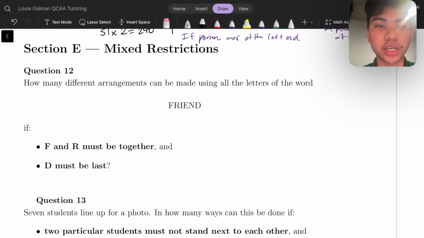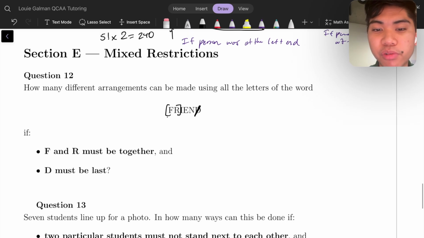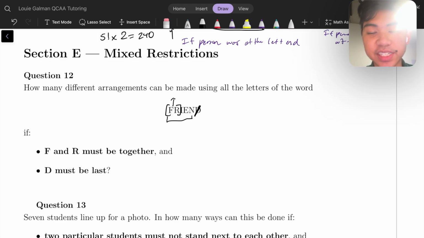Moving on to section E, mixed restrictions. So question 12, how many different arrangements can be made using all the letters of the word FRIEND if F and R must be together? So let's make that a block. And D must be last. So if D must be last, then I can't change anything for that, right? So I'm only going to be rearranging these 4 different blocks. Remember, if we have things that must be together, we count that as one block.